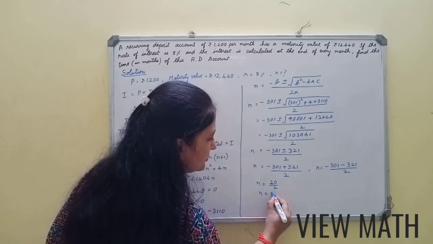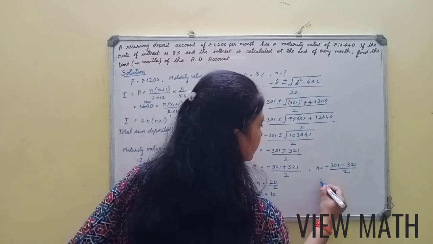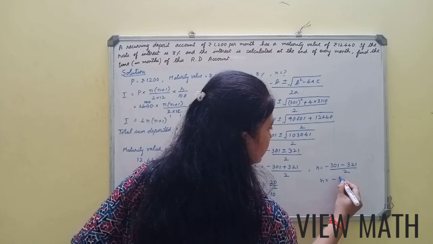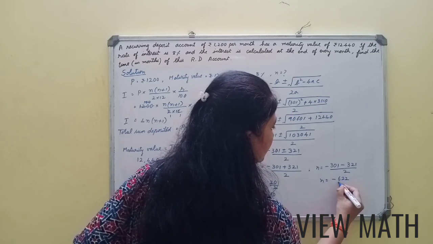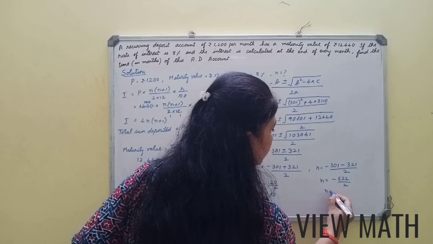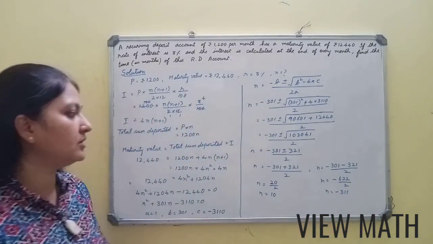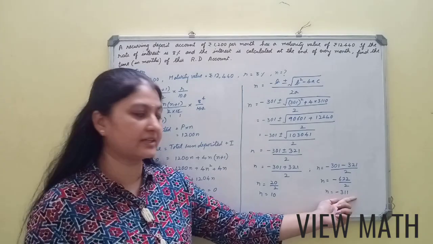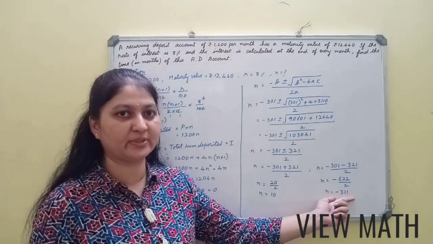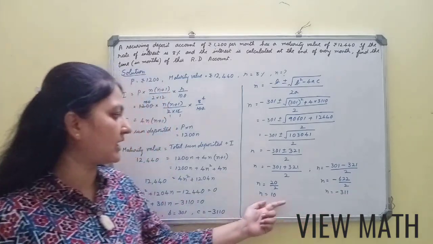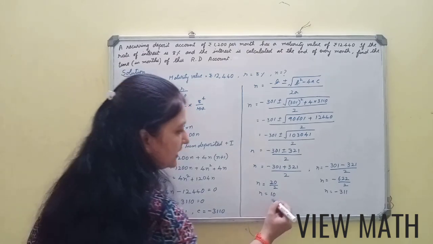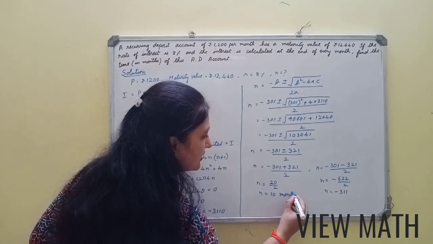So n is equal to 10. Here minus 622 by 2. So n is equal to minus 311. So I cannot take the negative sign because number of months cannot be taken to be negative. So I will be taking n is equal to 10 months.